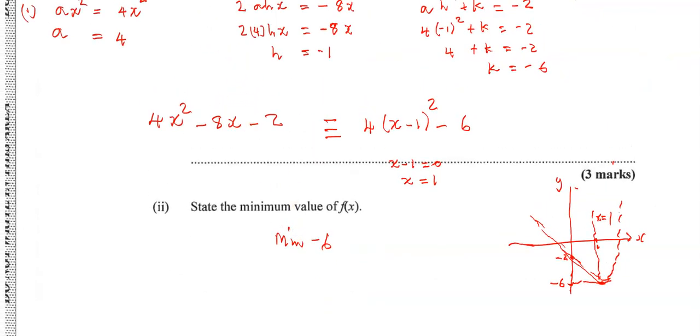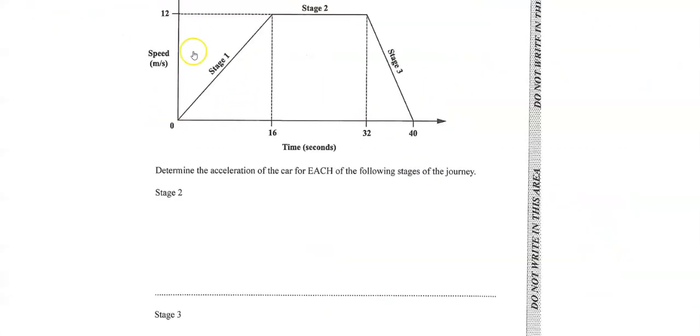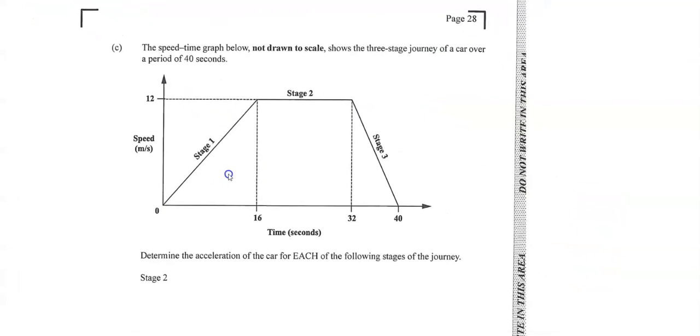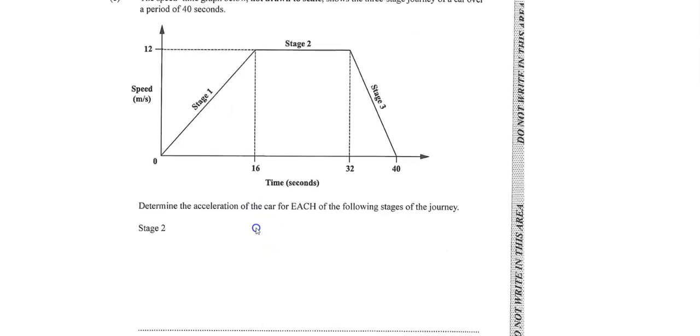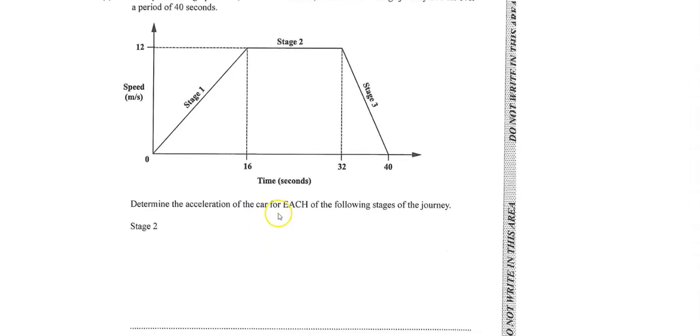Okay, so here we have a speed time graph. It's not drawn to scale, and there are 3 stages of a journey: stage 1, 2, and 3. And the period of time there, maximum is 40 seconds, and the velocity there is 12 meters per second. So determine the acceleration of each stage of the journey.